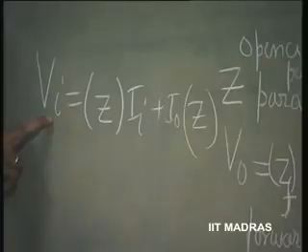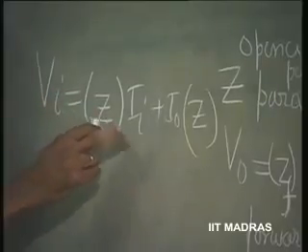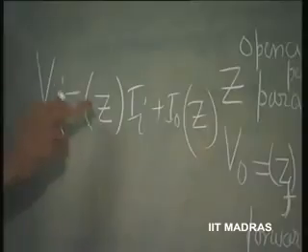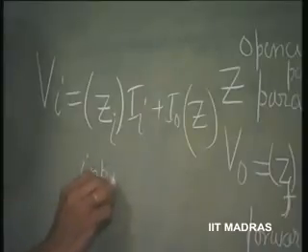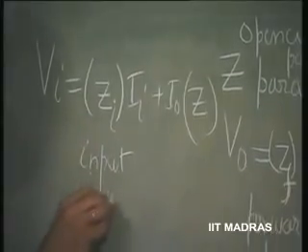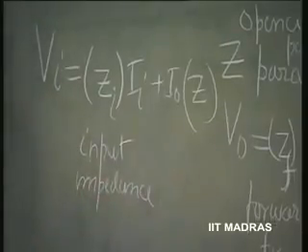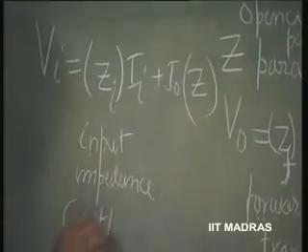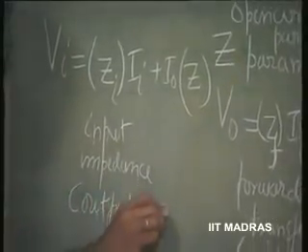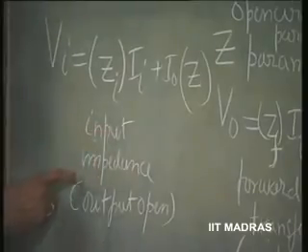Vi is related to Ii. So, this is Zi, totally input port dependent. Vi is equal to Zi into Ii. So, this is nothing but input impedance. When do you measure it? When I0 is 0, which means output open. It is input impedance with output open.